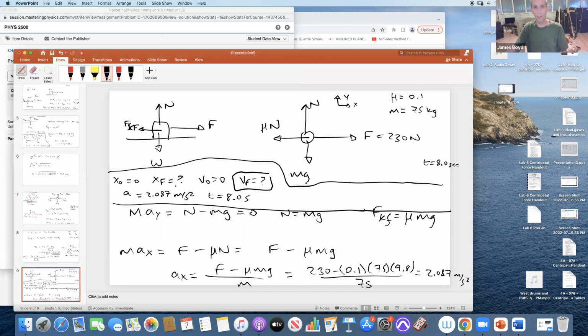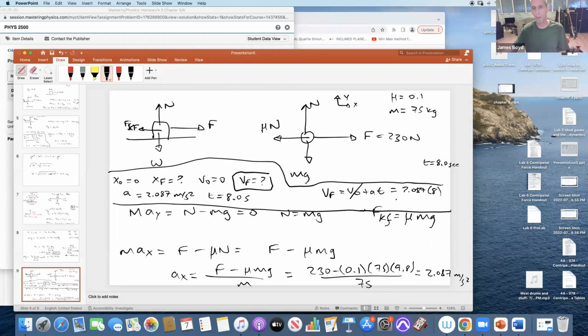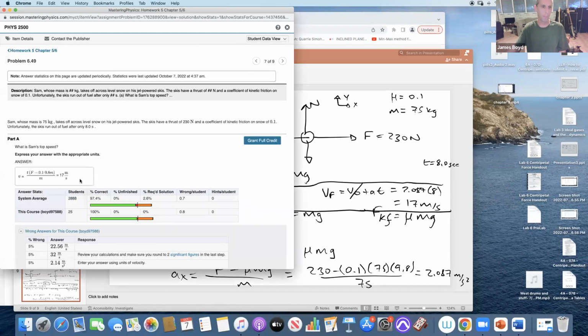Now we don't know x final, so we don't want any equation with x final, and the only one that doesn't have x in it is this one. This was 0, so this is 2.087 times 8. And 2.087 times 8 is 16.7, or 17 meters per second, if we do 2 sig figs.